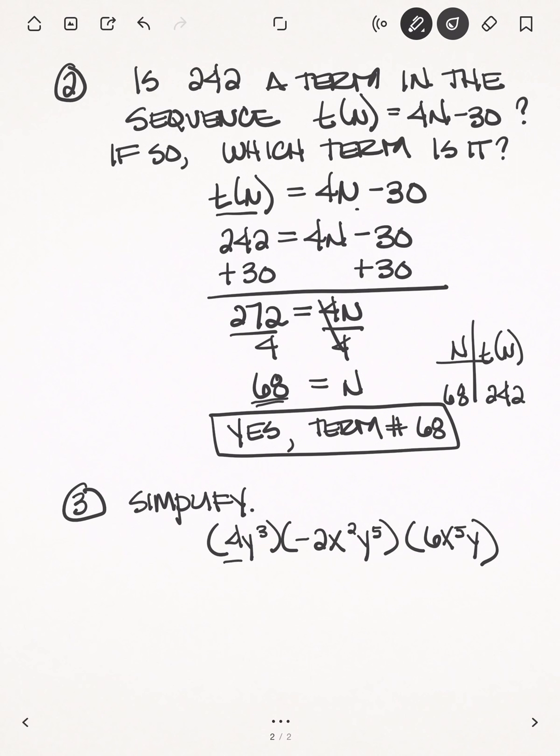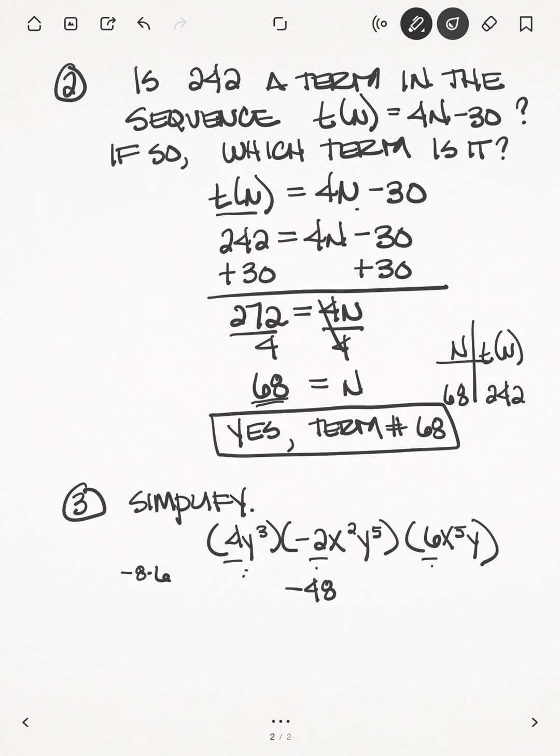Well, you take your coefficients and you multiply all 3 of them together. So it looks like I get negative 8 right here, and then negative 8 times 6. That's going to give me negative 48.